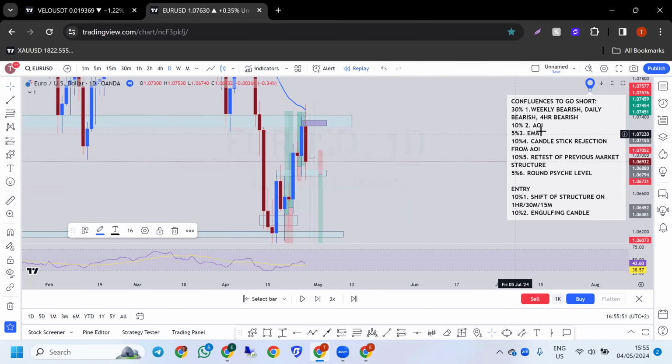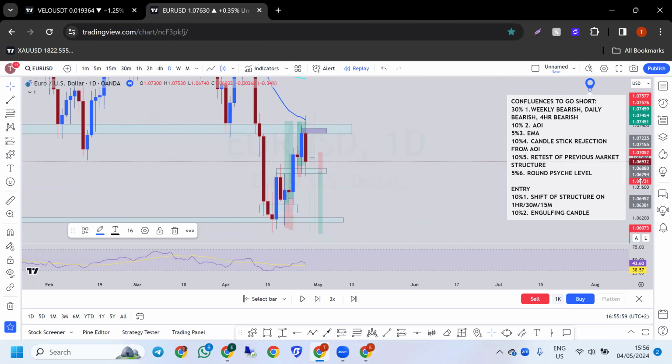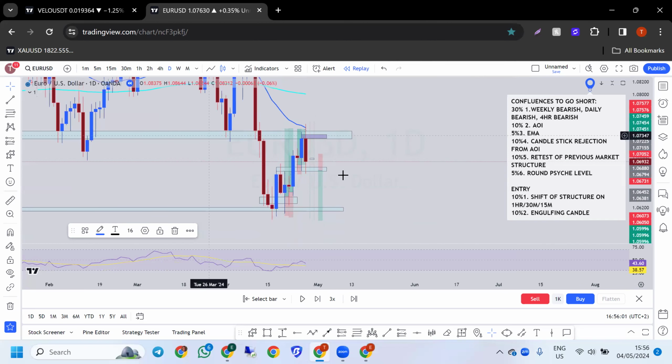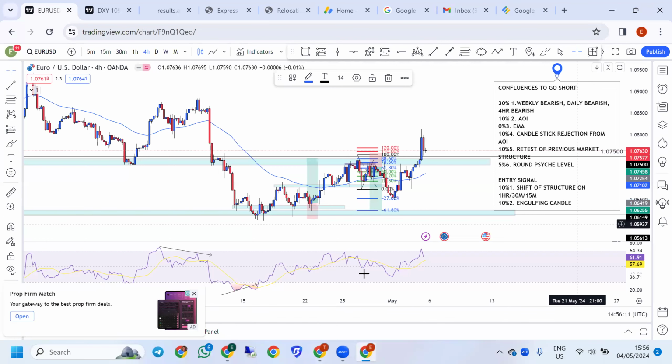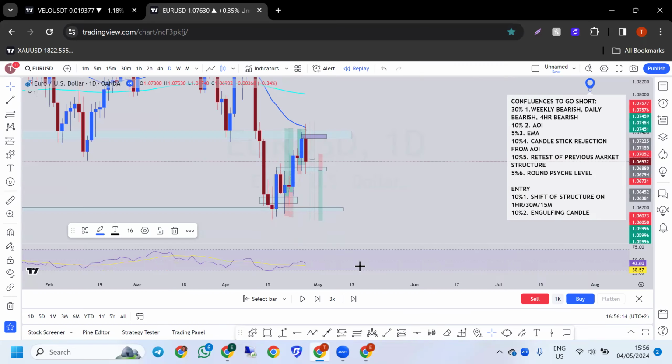So we are under the EMA, with candlestick rejection from the AOI. You can see the market rejected the test of the previous market structure. I gave it 10%. We also had a prime psychological level at 1.07500. We had all these things.